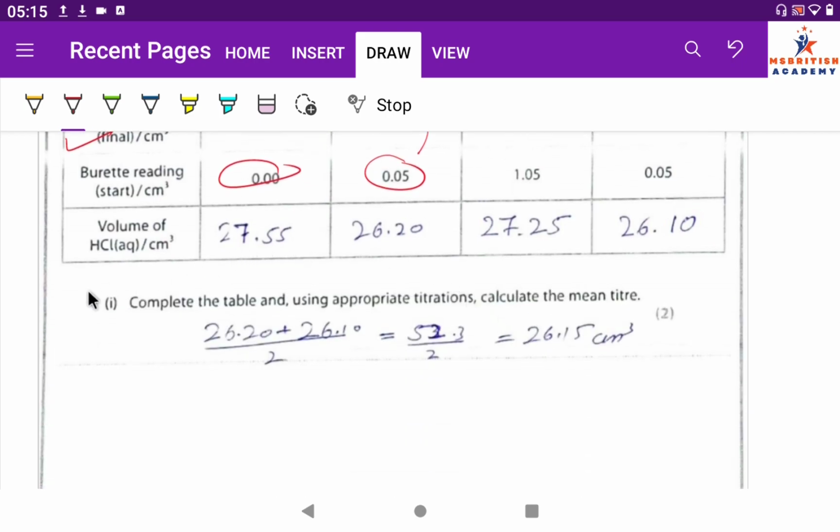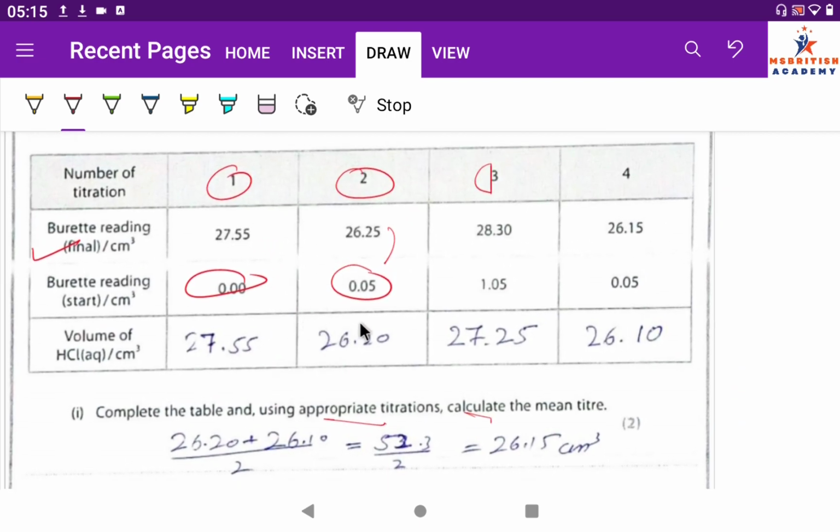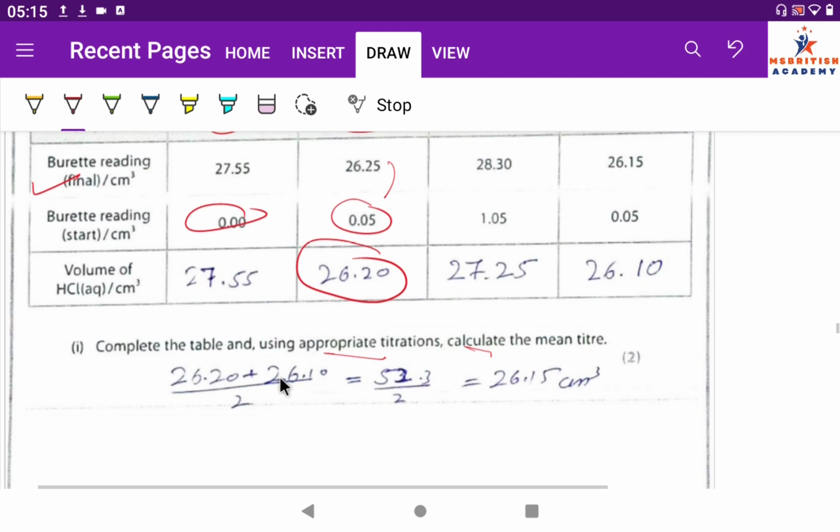Okay, now complete the table and, using appropriate titrations, calculate the mean value. These two, the second and the fourth, are appropriate, so take the mean of these two, and you will get the mean titre 26.15, and we will use this in further questions.